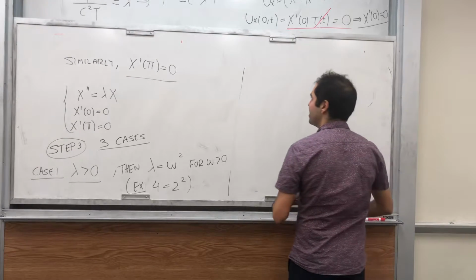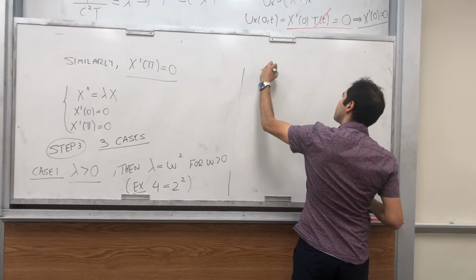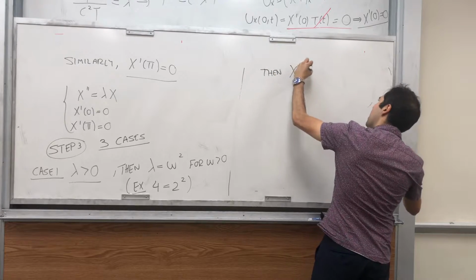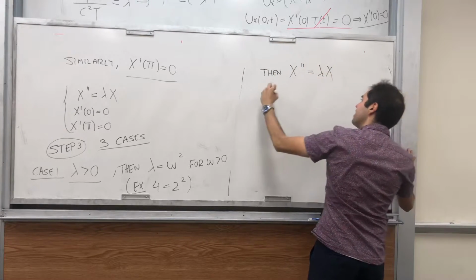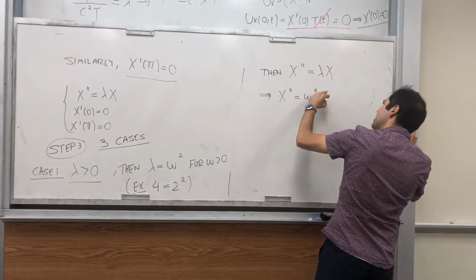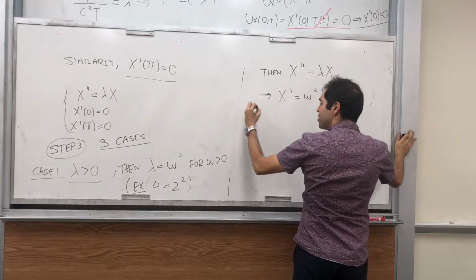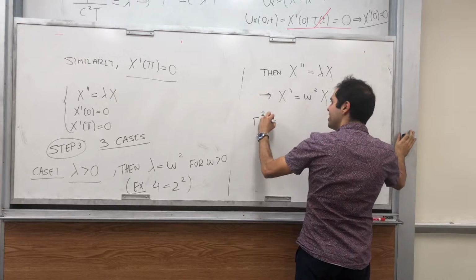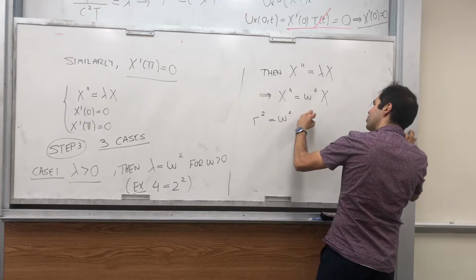Then solve our equation. X double prime equals lambda x. That implies x double prime equals omega squared x, which gives you the auxiliary equation, r squared equals omega squared.